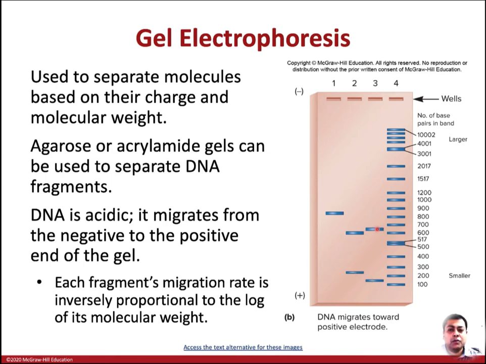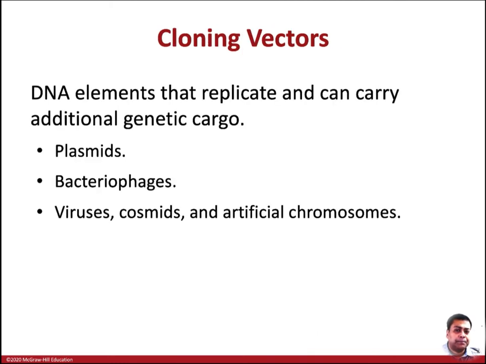This one is around 650, in between 700 and 800. This is close to 600. This one is probably around 850. So you can easily determine the approximate, not exact, molecular weight, so that you know the samples you are working with are of the correct size. So this is your gel electrophoresis, essential at every step.